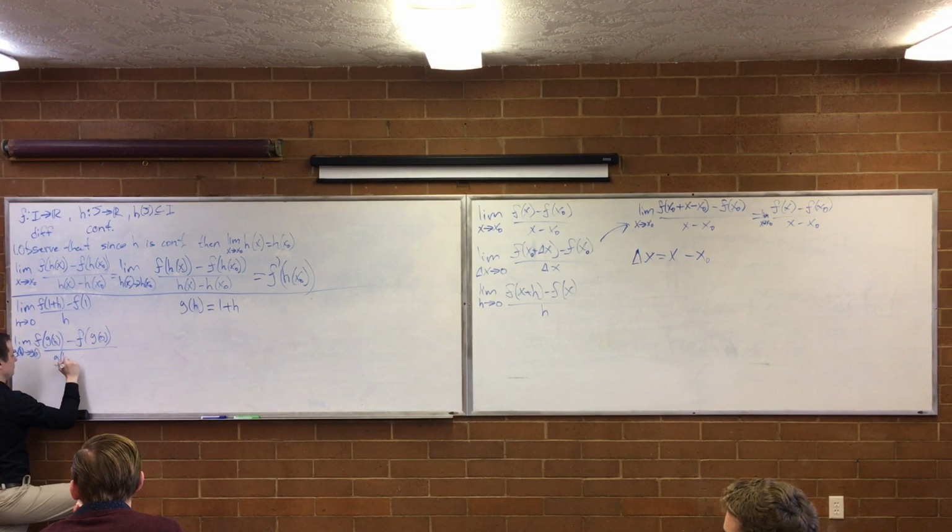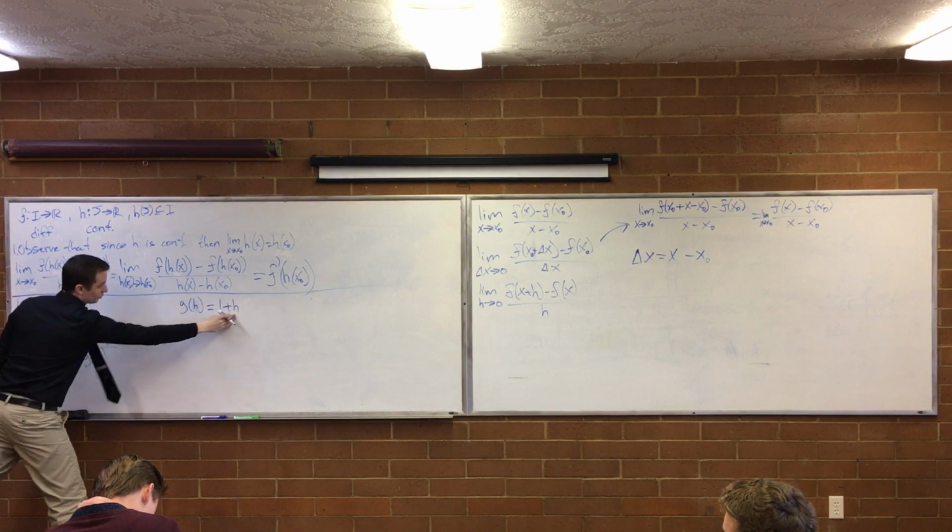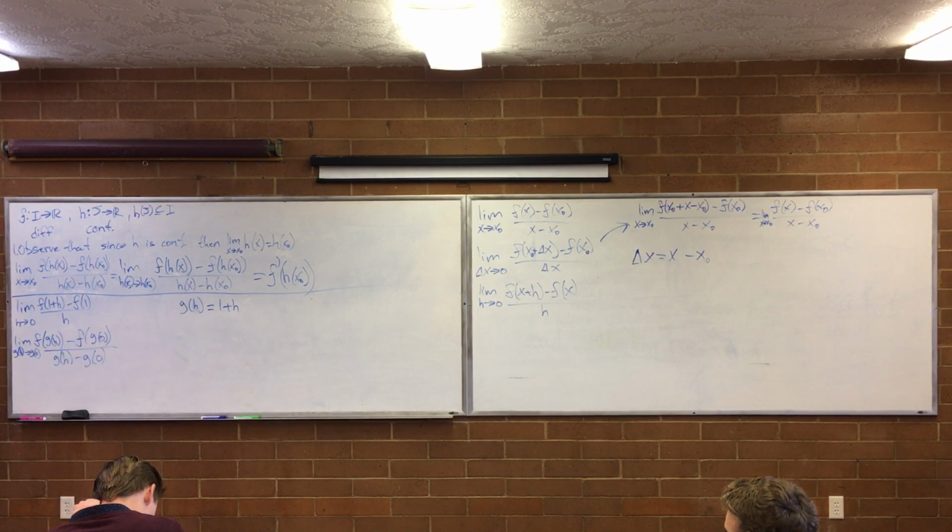You see that? Because g of 0 is just 1, and g of h is 1 plus h. So 1 plus h minus 1 is just h. So you good with the conversion of this to this?